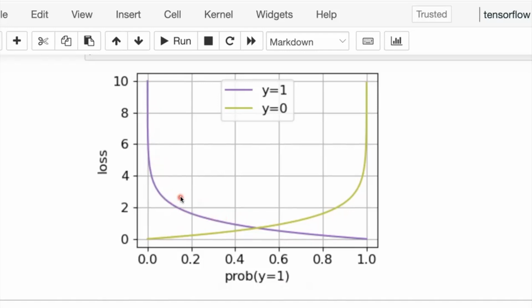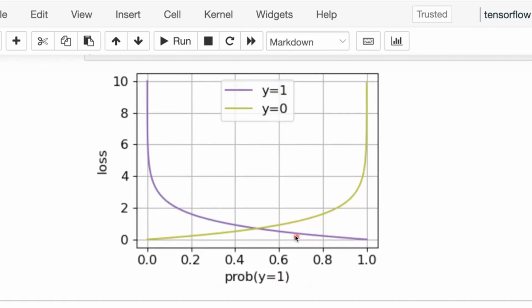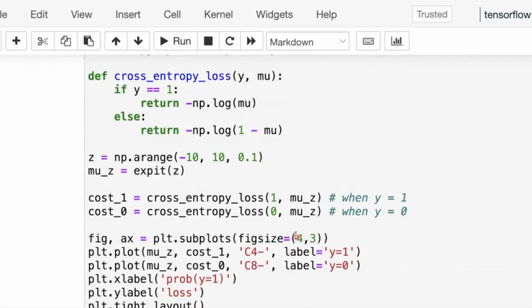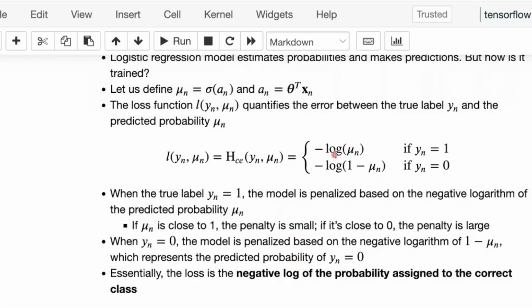And this is important because we want to avoid this probability to be close to 0, because that means that we are very confident that this does not belong to class 1. However, this data point belongs to class 1. So we're talking about this purple curve that we have here. And that's exactly what you see here, this negative log of mu n.